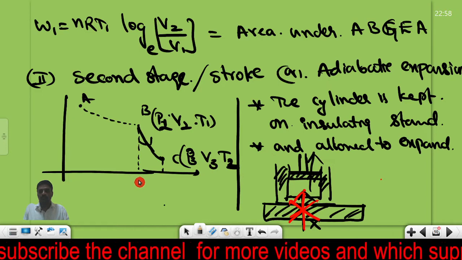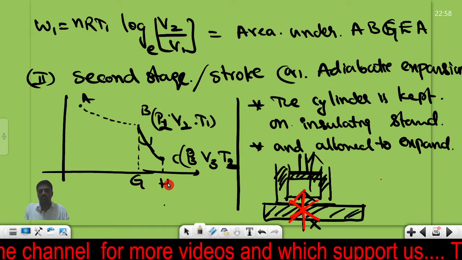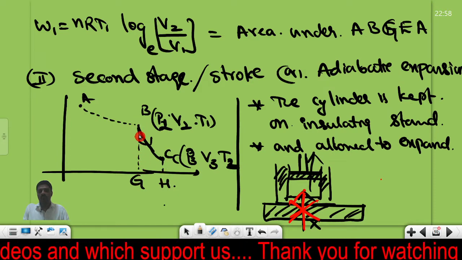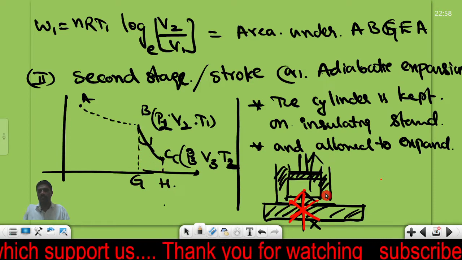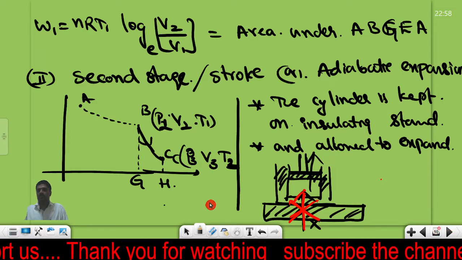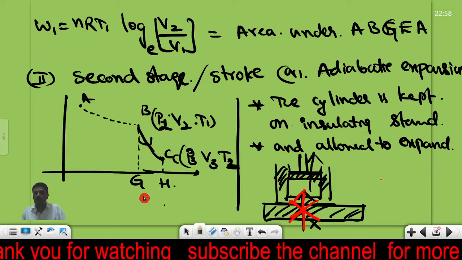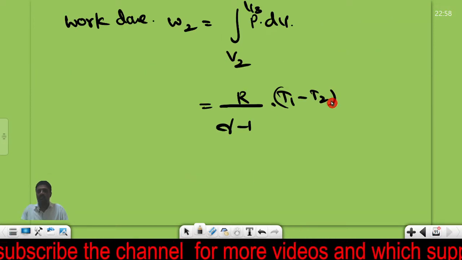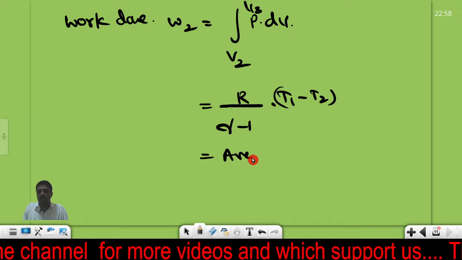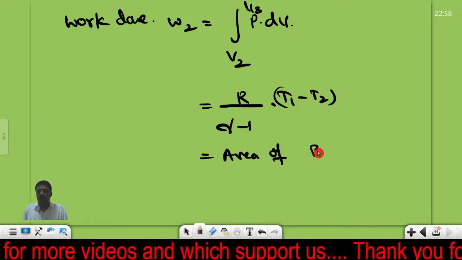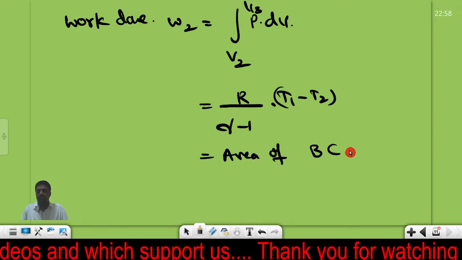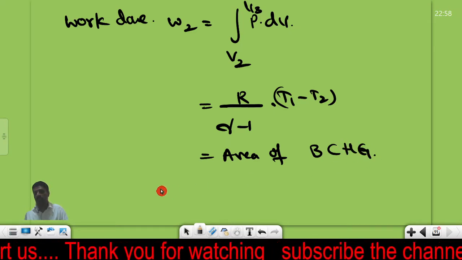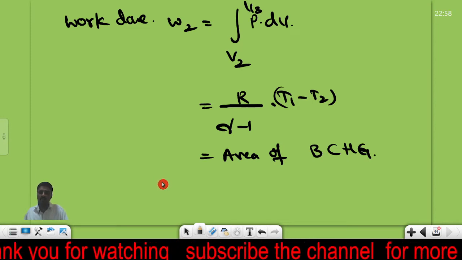So this is B, this is C. The area enclosed in this part means the area of BCHG.